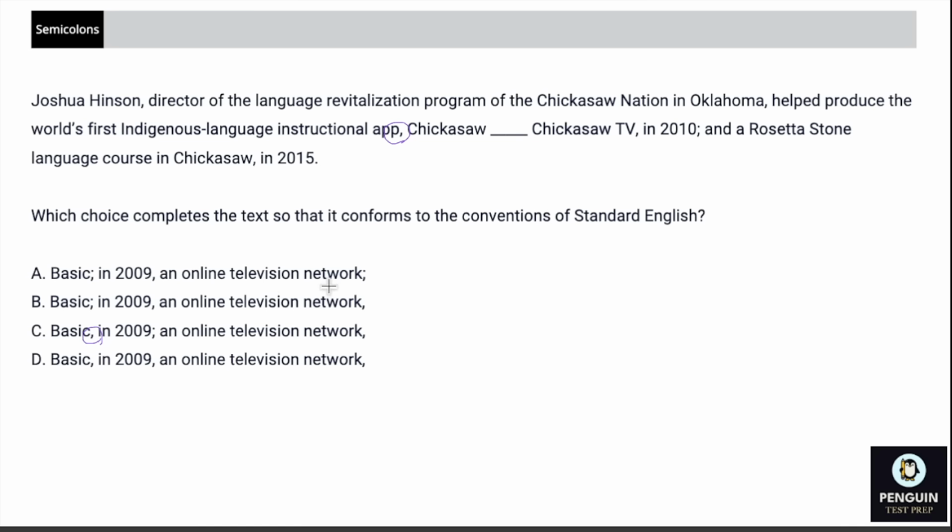But then after that, we have something else. And choice C is going to be our answer to this one, by the way. I'm just going to show you as we go through, because the second item is going to be an online television network, comma, Chickasaw TV in 2010. So you see how that's our second item. It also has commas within it. So we're allowed to use semicolons to separate the items because the items have their own commas. And if there were just commas all over the place, it would get really confusing. And then finally, and a Rosetta Stone language course in Chickasaw in 2015. So that would be an example of a complex list.